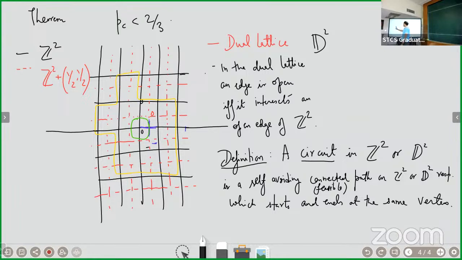Now you're essentially looking at how many different ways I can translate this, and there are at most n such ways. So for each path of length n, you had 4 times 3 to the power n minus 1 possibilities, and in addition you have allowed this translation. So the maximum number of circuits surrounding the origin of length n is at most n times 4 times 3 to the power n minus 1. Not convincing?